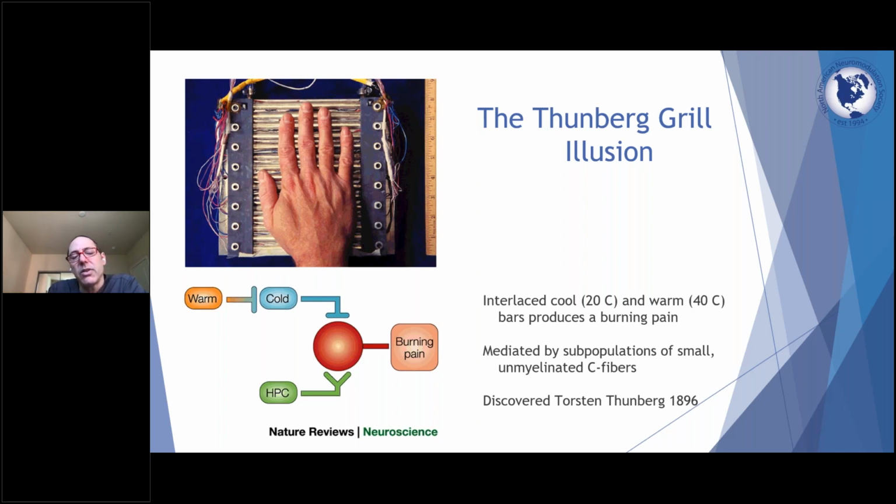So although you're not providing a nociceptive input, the confusion created in the nervous system by a simultaneous cool and warm stimulus results in an experience of pain which is not associated with tissue damage. So it's really a peripherally evoked type of a central pain, and it was described in the 19th century by a guy named Thorsten Thunberg.